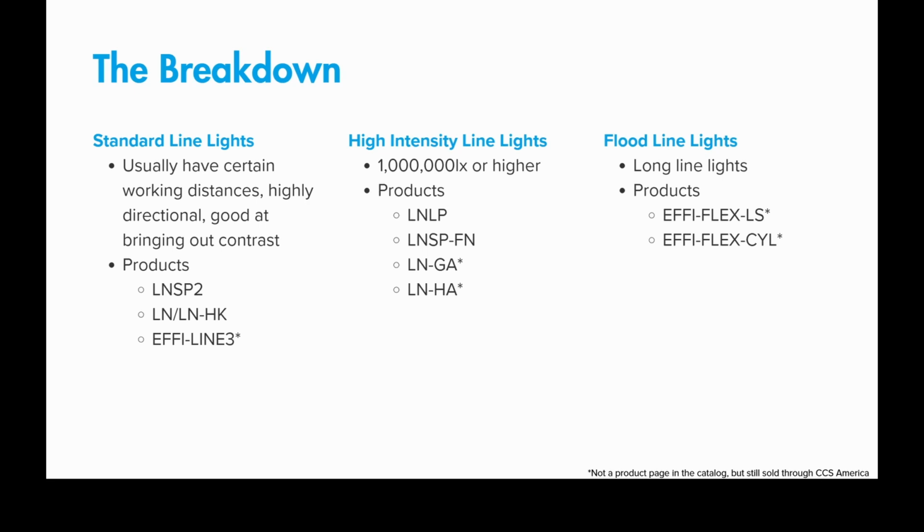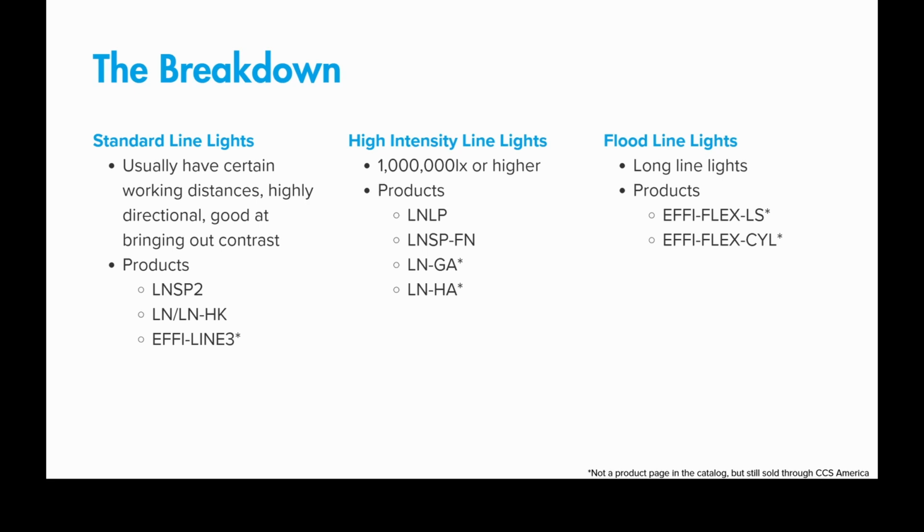So our standard convergent lights, which are meant for direct above lighting, not backlighting essentially, we have the LNSP2, the LN and the LNHK, and the FE line 3. The FE line 3 has an asterisk here, and that is because it's not talked about in the catalog in this portion that I'm talking about, so I'm not going to go through it more in depth, but it is a good standard line light, so I do want it known that this is a good option to look at as well.